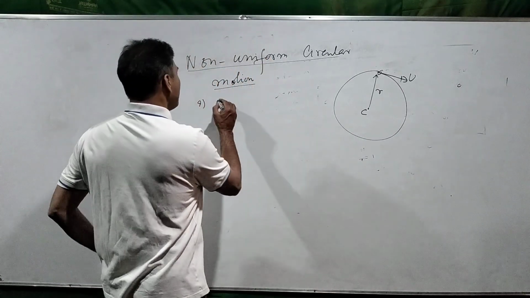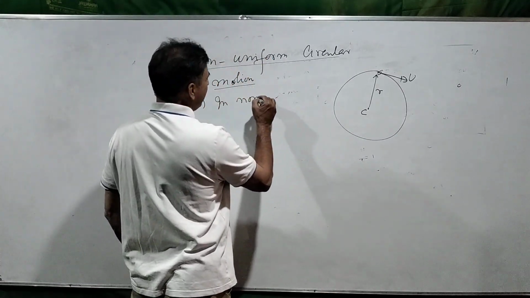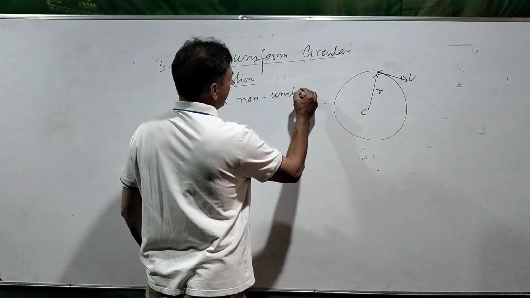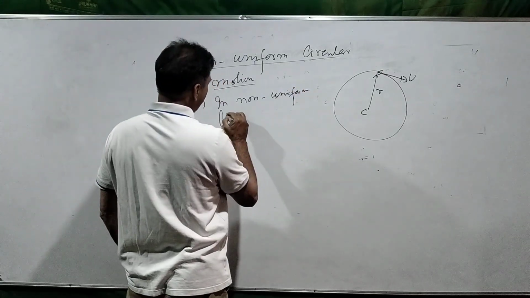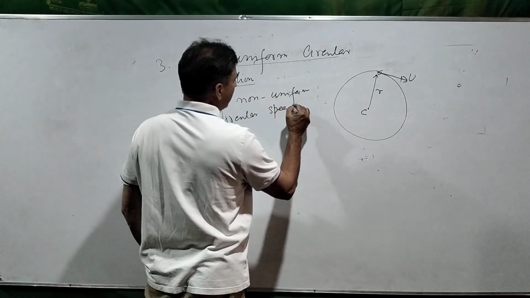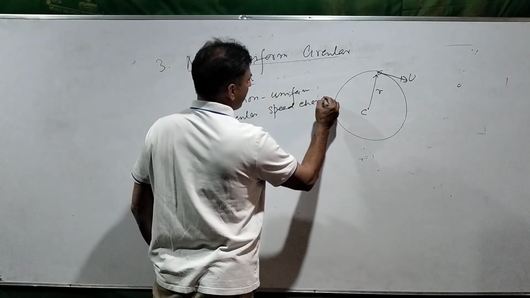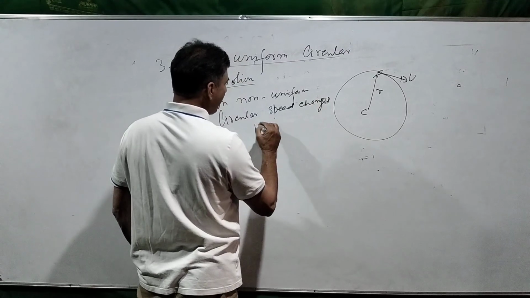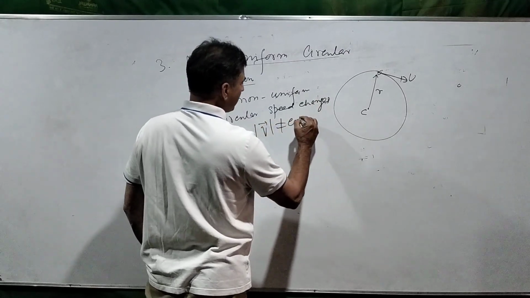So in non-uniform circular motion, speed changes. That is, the magnitude of velocity is not constant.